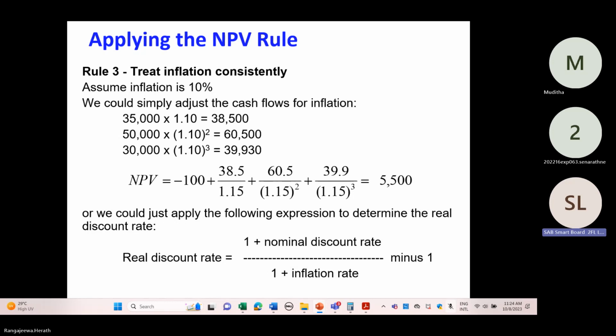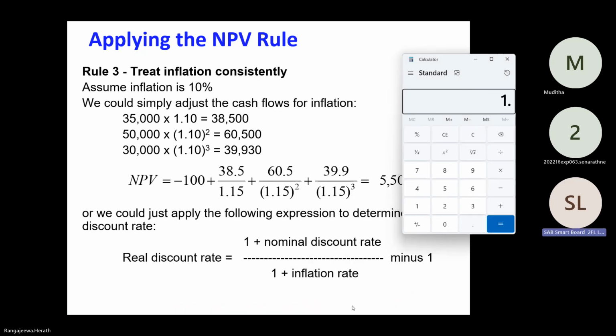So 1 plus nominal discount rate 0.15, so 1.15 divided by 1 plus inflation 1.5, we get 1.0454 minus 1. Real discount rate is 4.54.